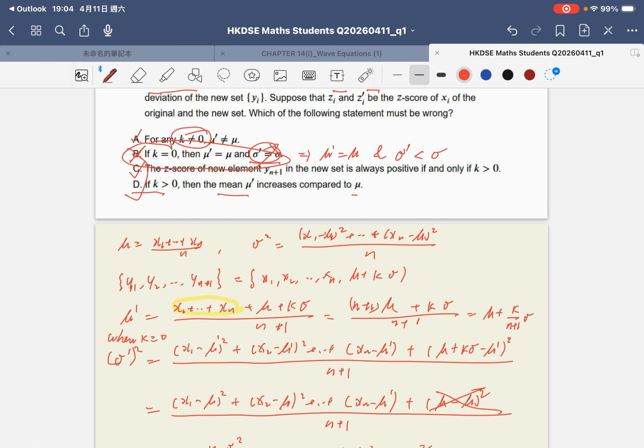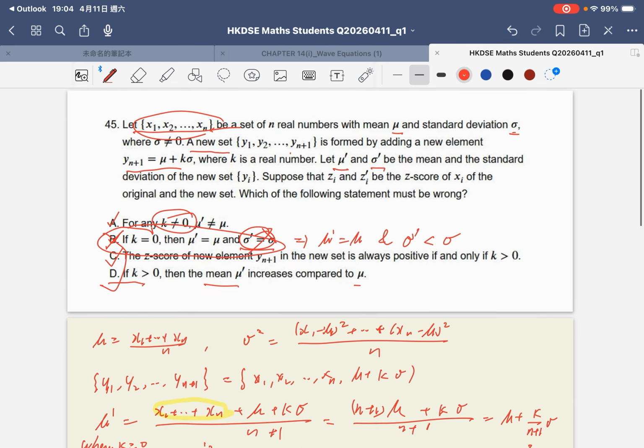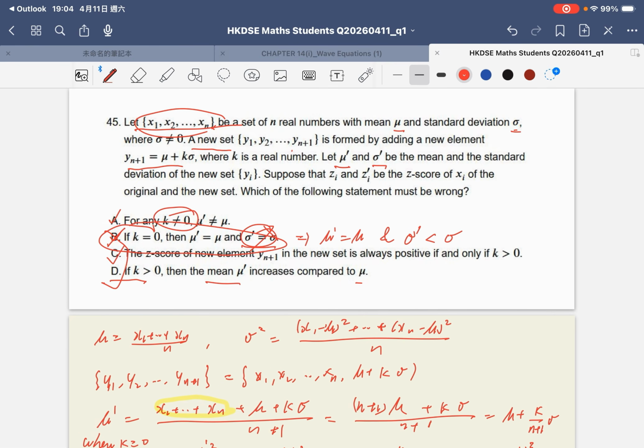Okay, that is so funny and very important. I can guess, of course I cannot be sure of the format of the last question of this DSE, but I can say that type of question should involve the variance, the transformation of two sets of data.